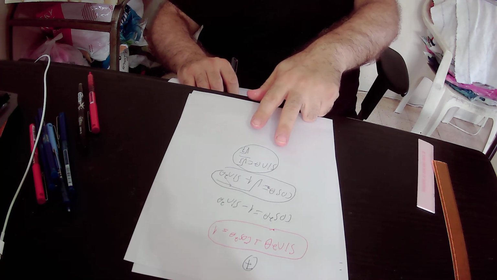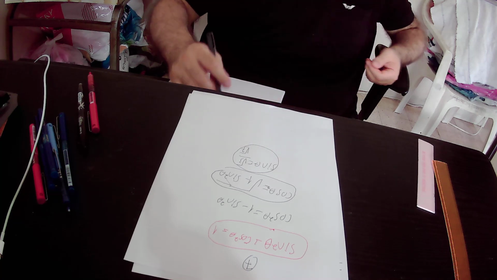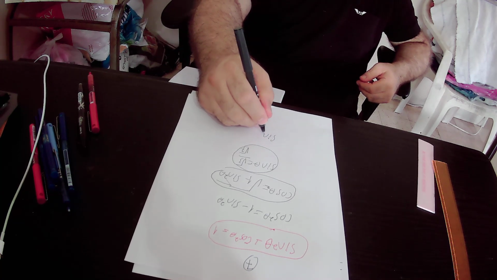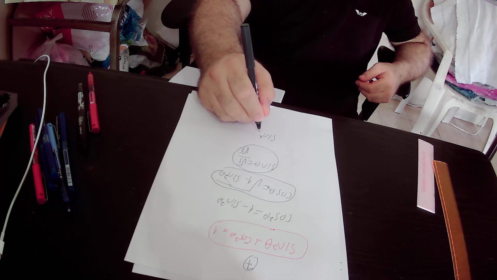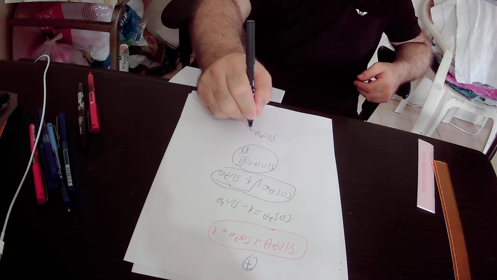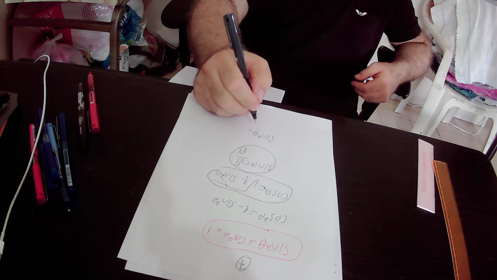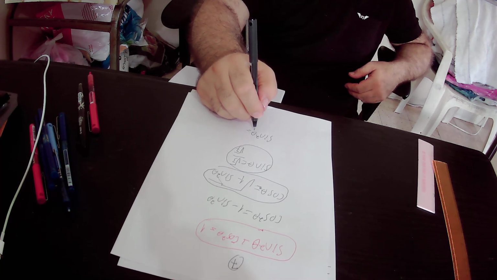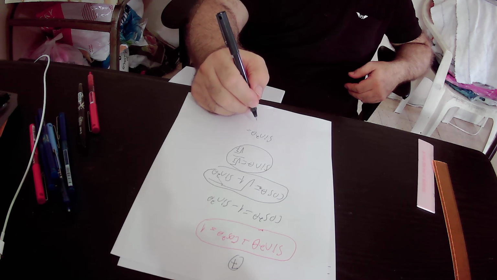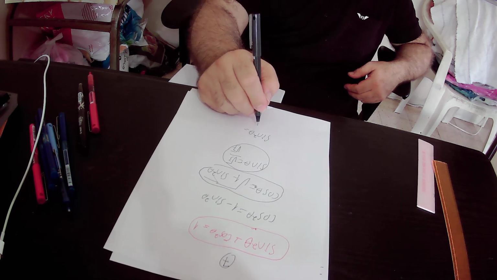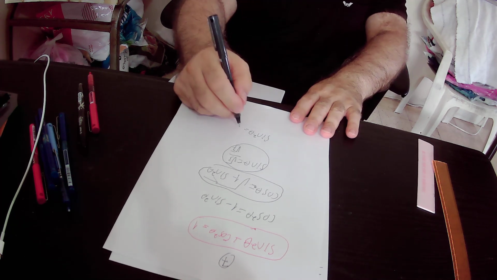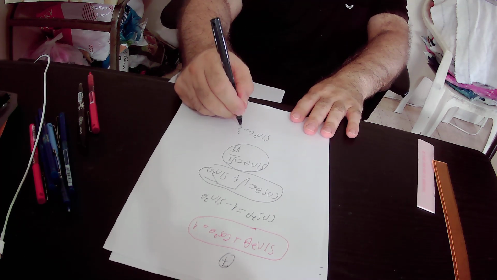If so, we can square this equality and we will get that sine theta squared equals 3 over 7.